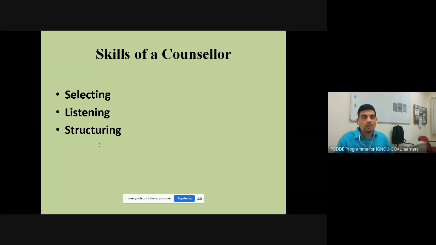Accordingly, one structures and communicates to the learners so that it is understandable and easier for them to grasp, to get motivation, or to take a decision, because step by step one has to go.